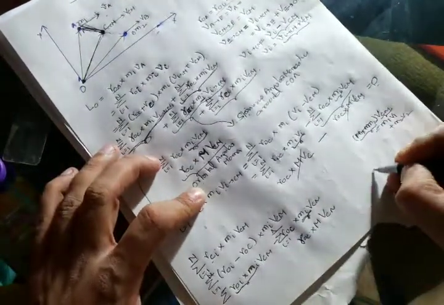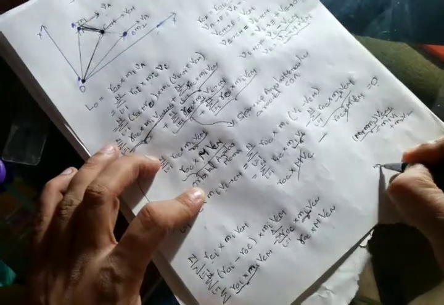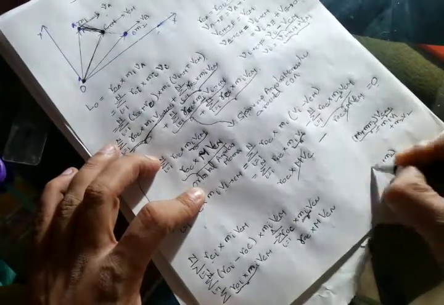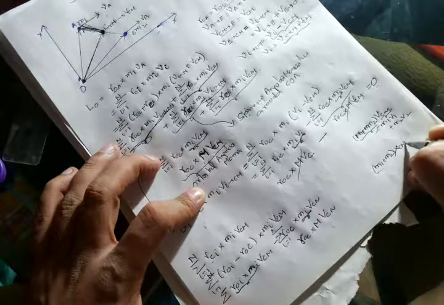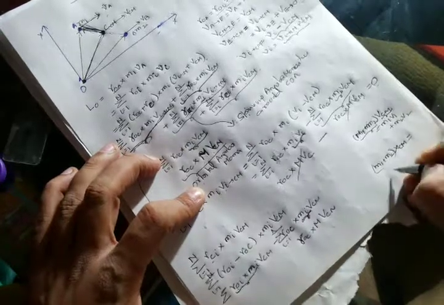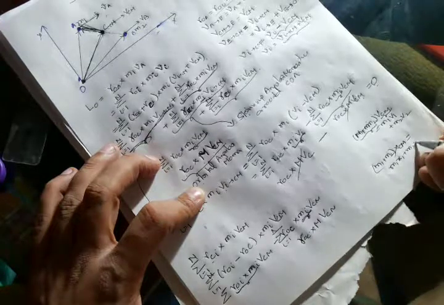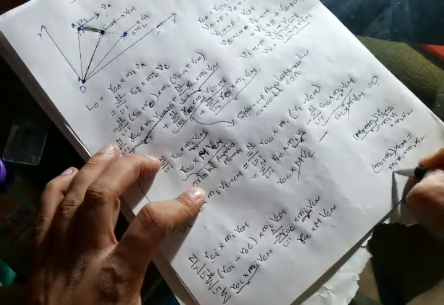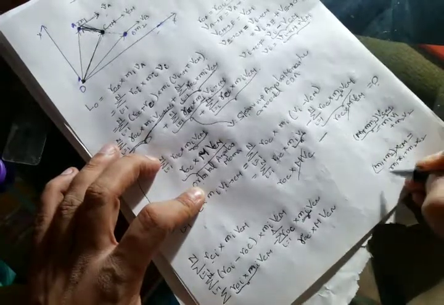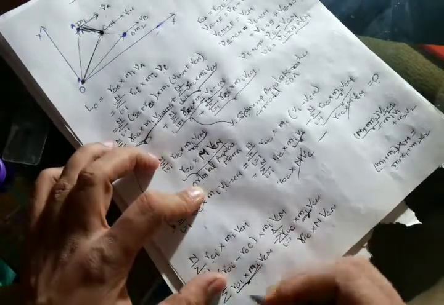So we all know that M, which is m1 plus m2, and x_CM is equal to m1 x1 plus m2 x2 over M. So similar is the case here.